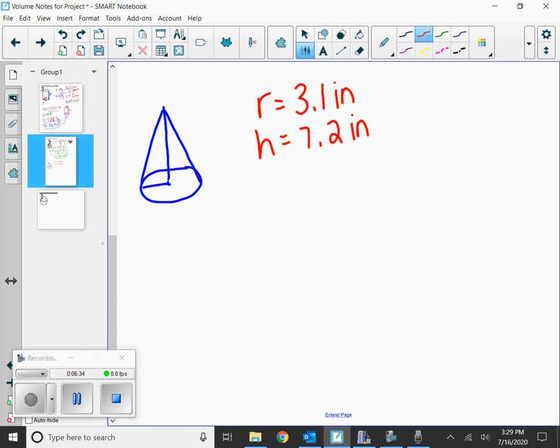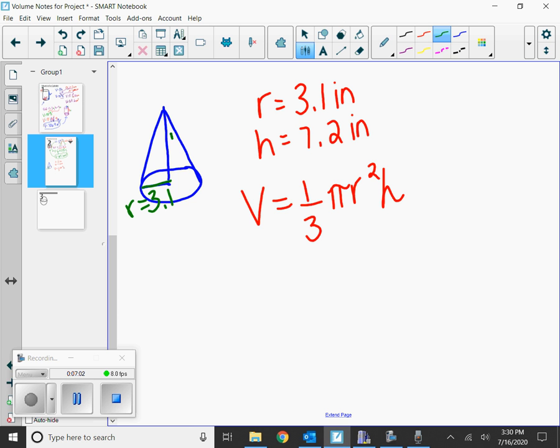And we want to recall that our formula for the volume of a cone is 1/3 times pi times our radius squared times the height. If we'd like to, we can go to our little sketch over here and show that our radius here is 3.1. That's what we're plugging in for r.